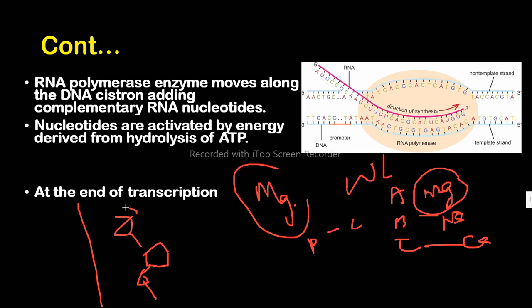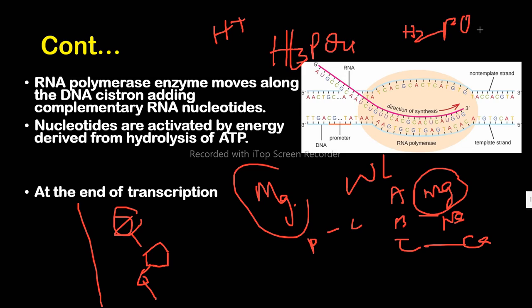Now these phosphates are formed from phosphoric acid, H3PO4. So this phosphoric acid, after condensing, you remove one H, you remain with hydrogen phosphate. So this can lose these hydrogen ions, and you remain with highly negatively charged phosphate groups.